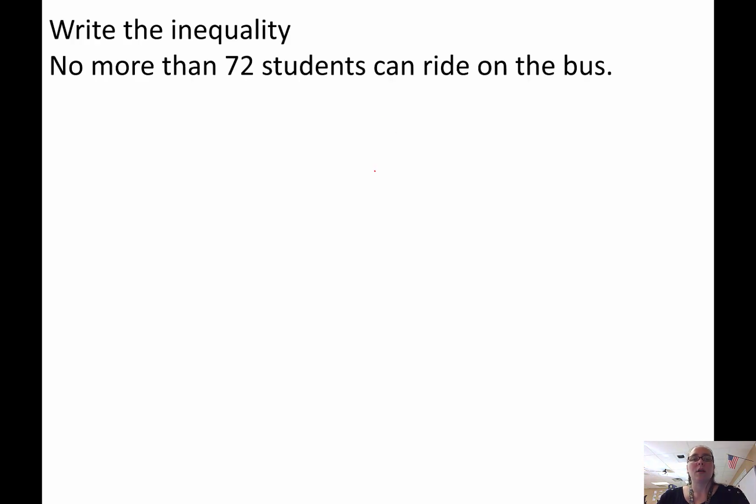Okay, let's look at the next one. I've got no more than 72 students can ride on the bus. No more than is our key phrase there. No more than tells me that that is the max number I can have.